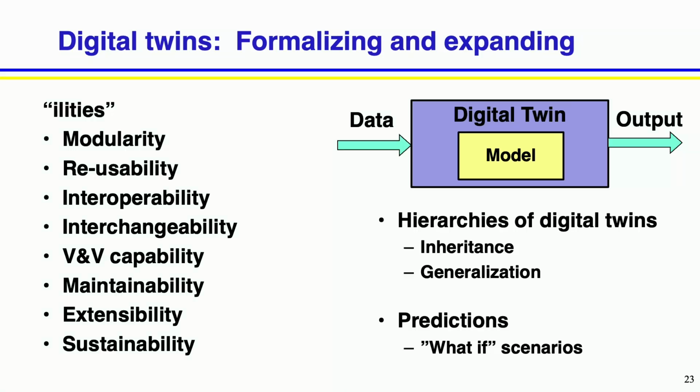And so you think about hierarchies of digital twins that would inherit properties from one to the other and generalize. And then I showed a little bit in the reconfiguration how you would use these digital twins for predictions in what-if scenarios. I won't go through all of the illities, but these are good things that you'd like to have in a manufacturing system.